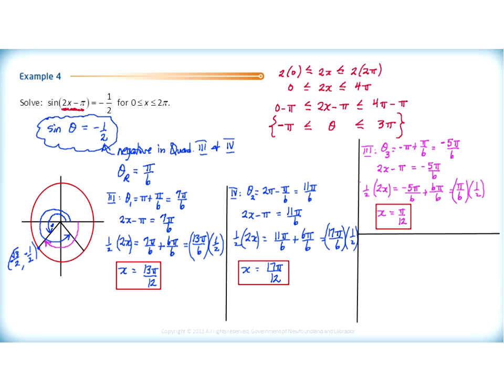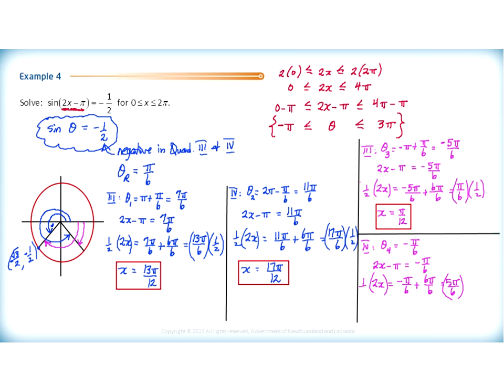And continuing with the negative revolution, back to quadrant 4, a fourth value for theta is just equal to a negative pi over 6. Replacing theta with 2x minus pi, we add pi to both sides of our equation to solve for x. So 2x is equal to a positive 5 pi over 6.